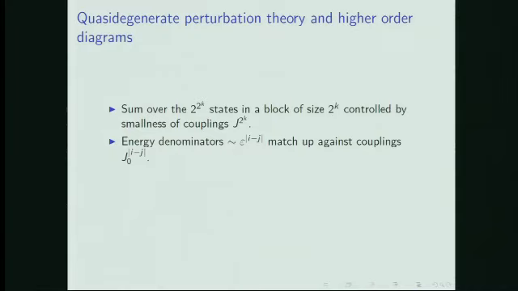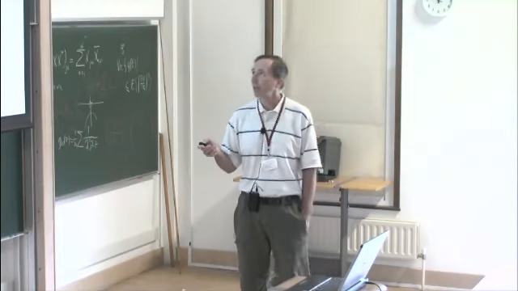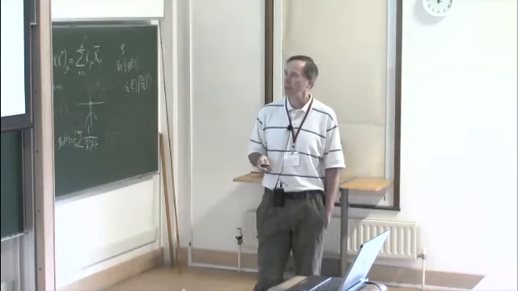And so then this will match up nicely against the size of the coupling. If you have a coupling between i and j, it's going to have a corresponding order of perturbation theory. You have a certain number of links necessary to get from i to j. And so this is well matched up with that as long as J0 is considerably smaller than epsilon. You're in good shape.